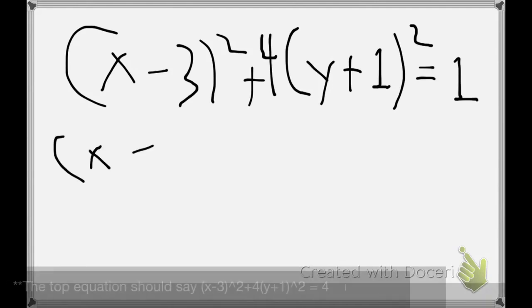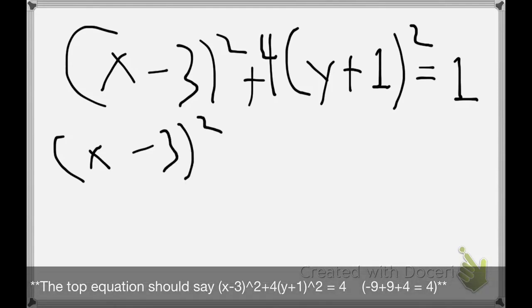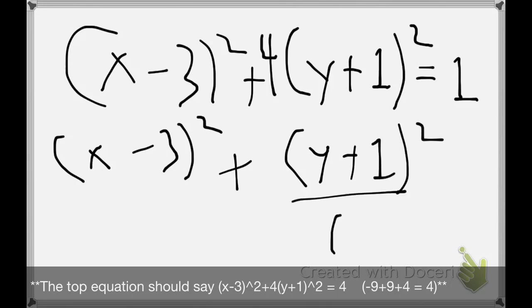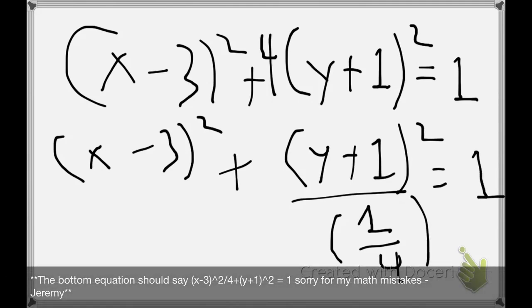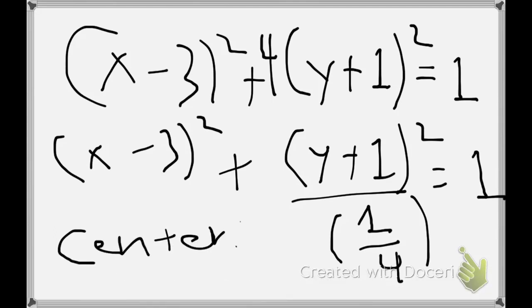To put that into standard form, you would take the 1/4 out and put it on the bottom. Okay. So then, since the center is h comma k in x minus h and y minus k, we know the center is 3, -1.